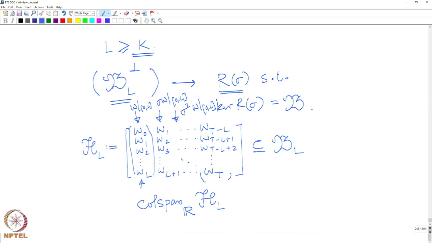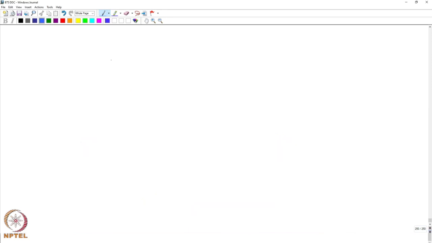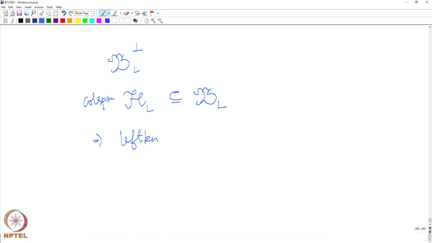Okay. And my goal was to find out BL perp, right. Now, notice, if the column span of HL is contained in BL, then that immediately means the left kernel of HL will contain BL perp.